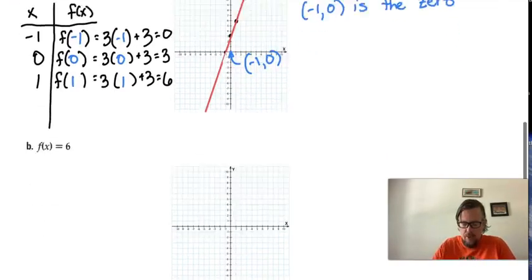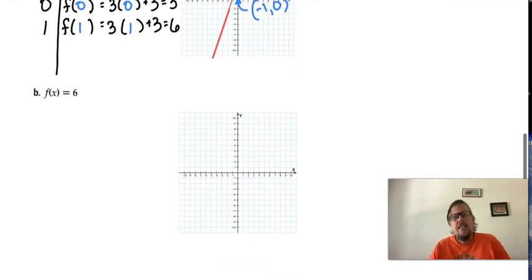All right, let's take a look at another one. This is f of x equals 6. Remember that f of x and y are interchangeable. So what this means is y equals 6. This graph is going to have a y value of 6 no matter what x is.